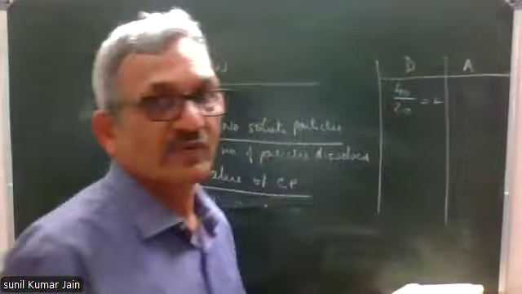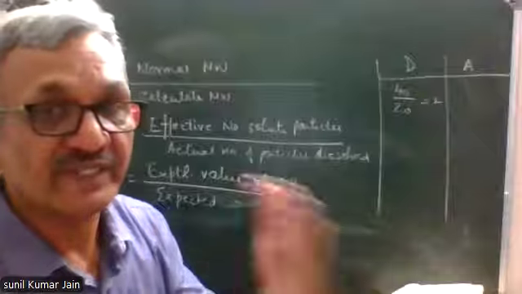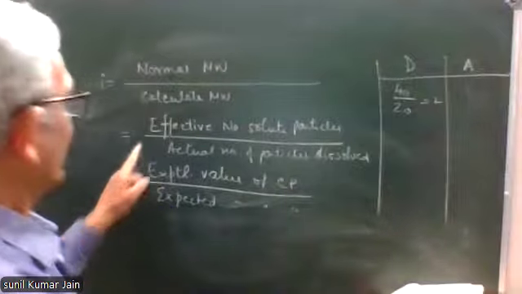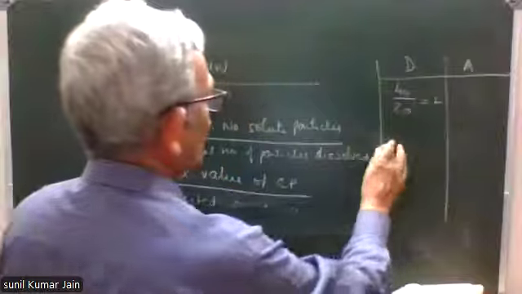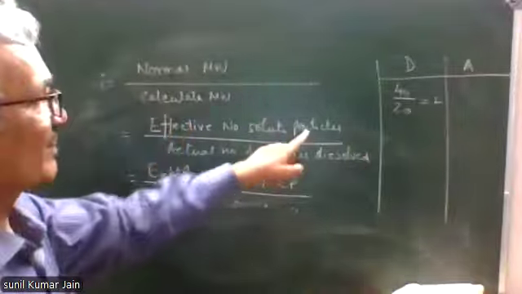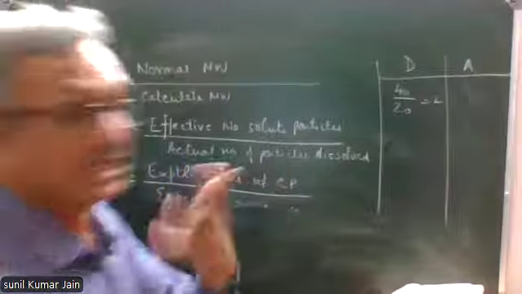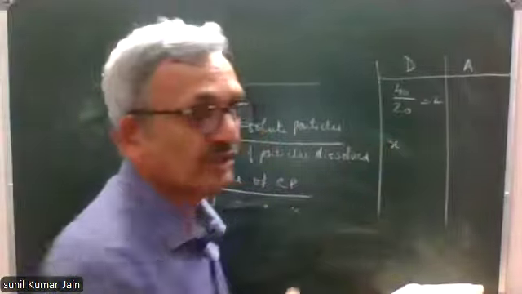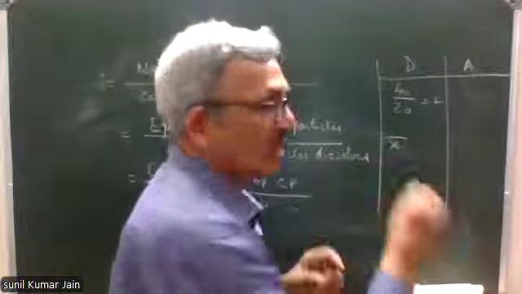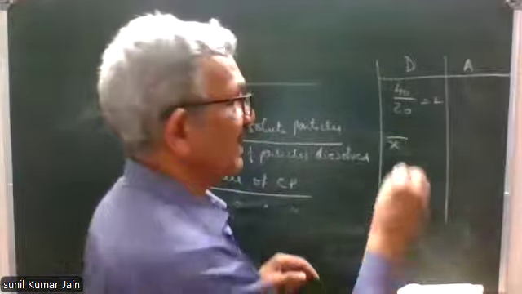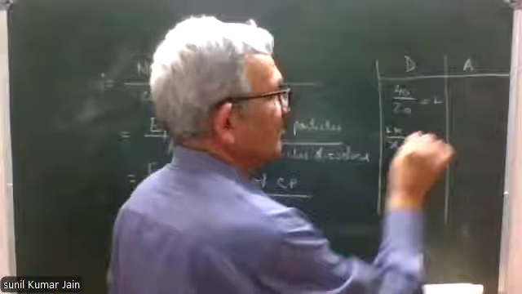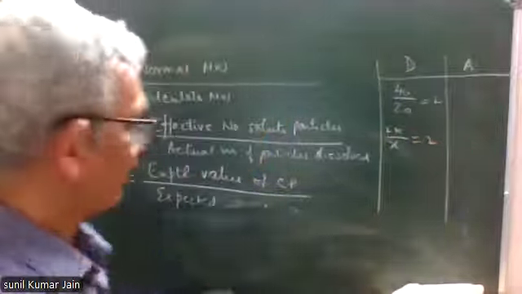So the value of i for NaOH should be 2. Second definition: actually I dissolved x molecules, but on ionization they became 2x, so i is 2.